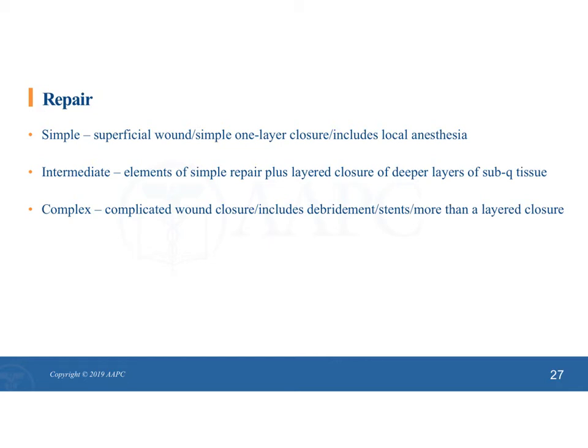An intermediate repair includes the elements of a simple repair plus a layered closure of one or more of the deeper layers of the subcutaneous tissue and superficial fascia. However, if a single layer closure needs extensive cleaning and is heavily contaminated, it may constitute an intermediate repair. A complex repair is a complicated wound closure that includes debridement, extensive undermining, stents, and more than a layered closure.